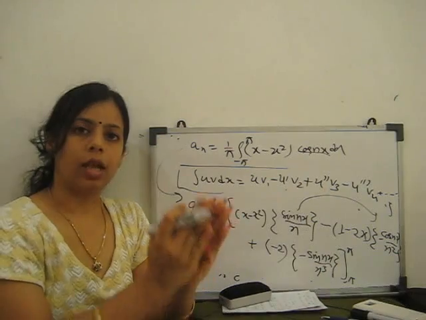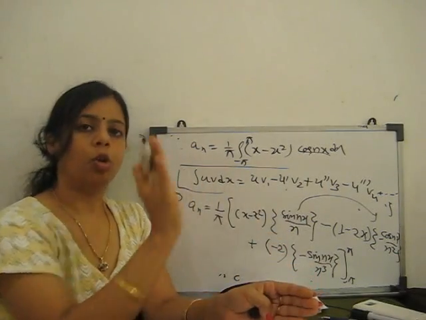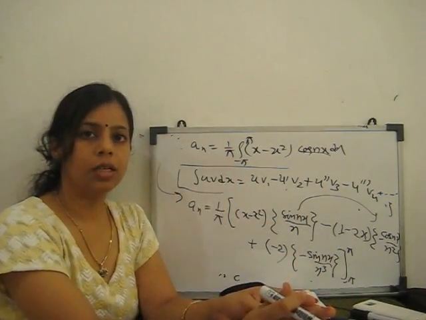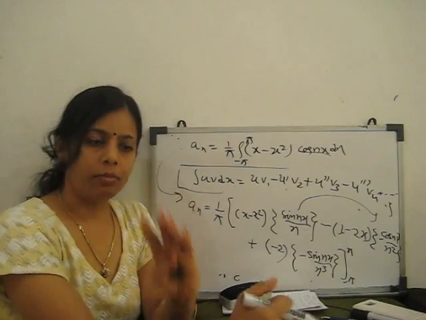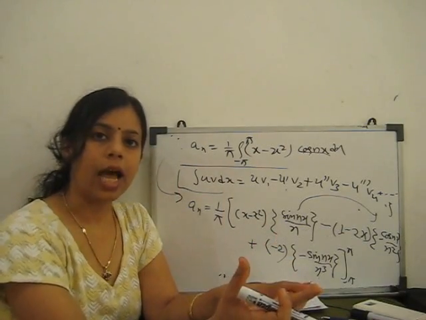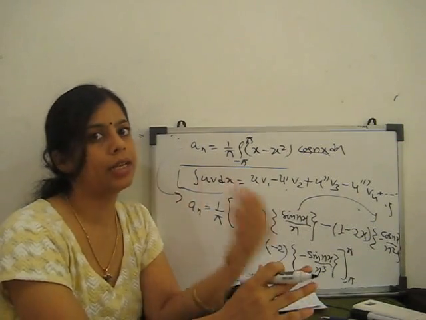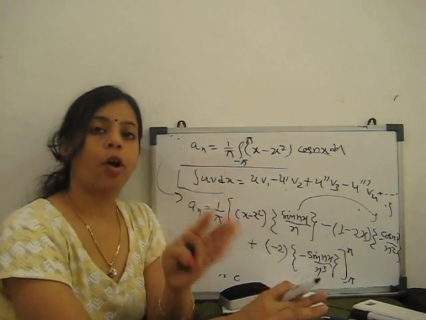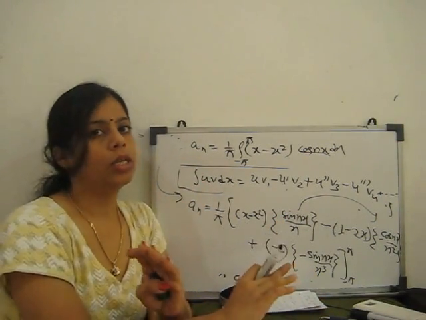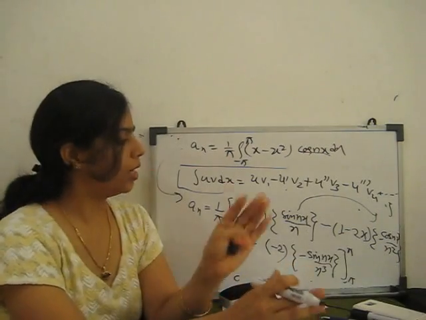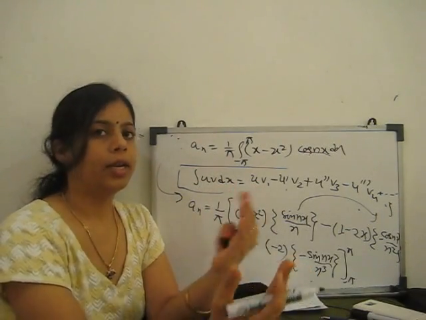Now, further, you have to apply the limit very carefully. When you apply the limit, you know that sin 0, sin π, sin 2π, sin 3π, sin nπ, for all of these the value is 0. So any term where we have sin is 0.